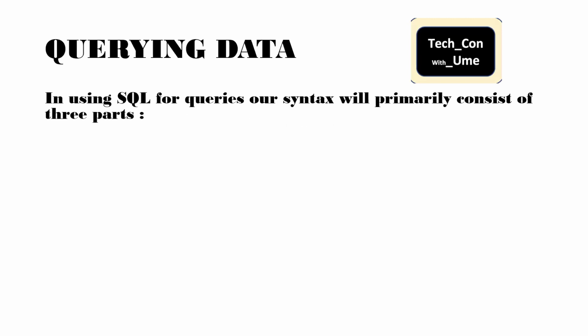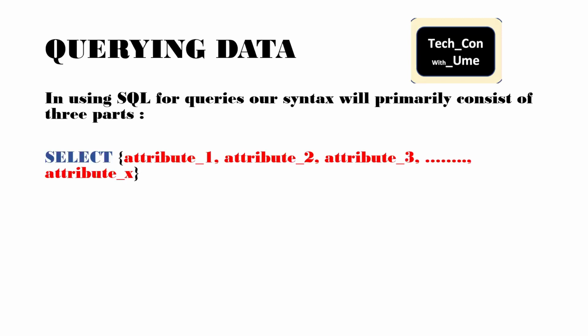Now, when using the structured query language for queries, our syntax will primarily consist of three parts. One is the select keyword. Now, with the select keyword, we're going to be listing attributes from one table or multiple tables where we hope to generate data from.